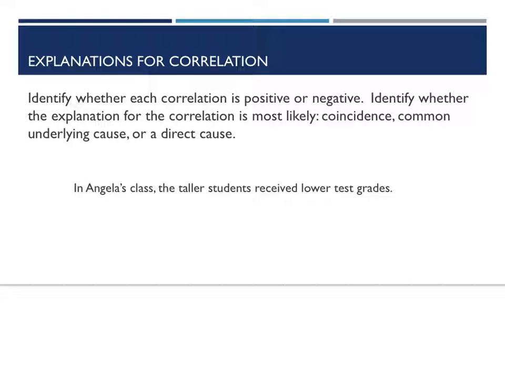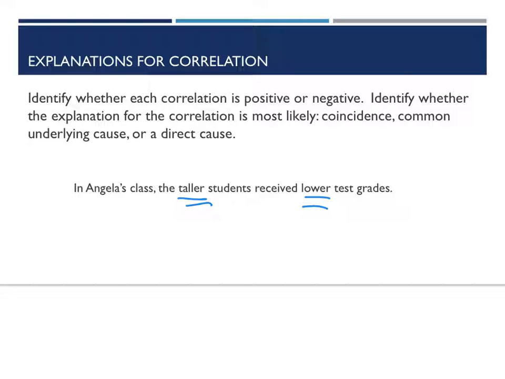In Angela's class, the taller students get lower grades. Taller implies an increase, lower implies a decrease. If you have two positives, if you have two increases, that's two positives. Two positives make a positive. If you have two decreases, two negatives, two negatives also make a positive.